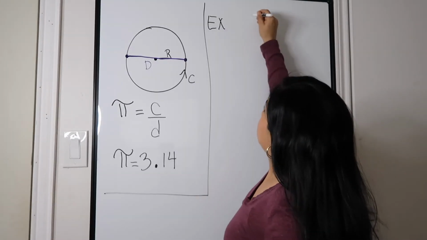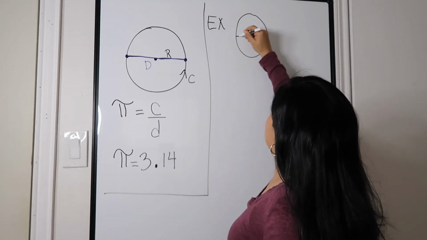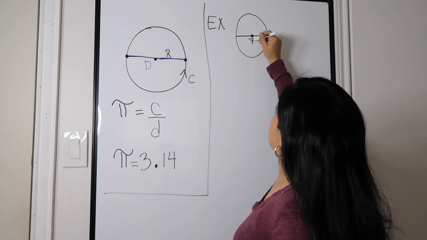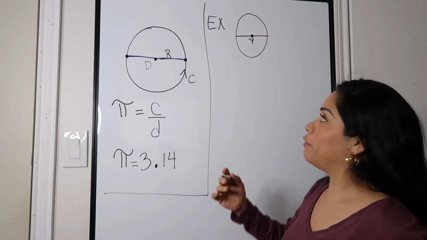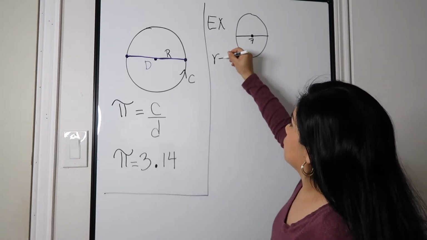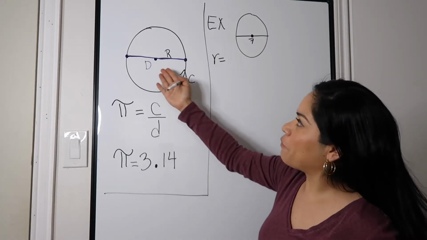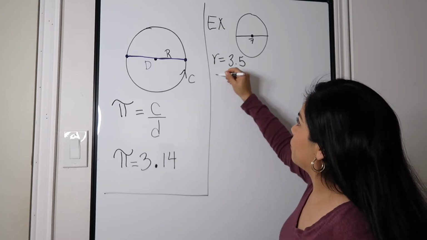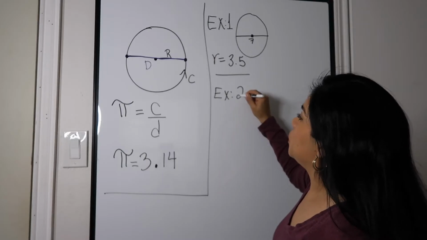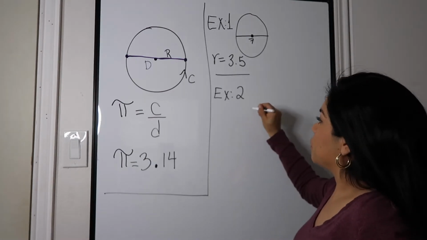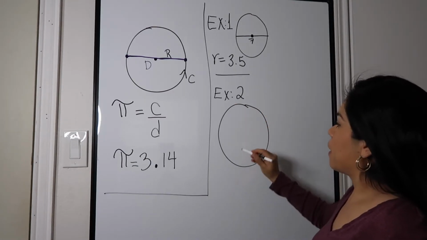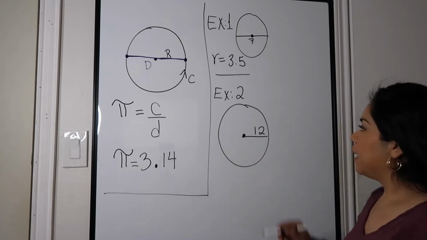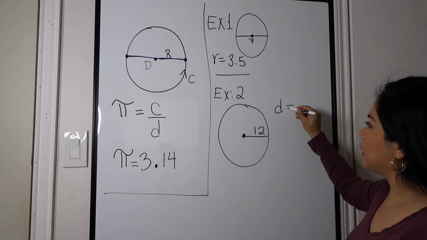Let's say we have a circle with diameter of 7, and they're asking us to find the radius. The radius, we know, is half of the diameter, so the radius in this case will be 3.5. Example 2. Let's say we have a circle with the radius of 12, and they're asking us to find the diameter.